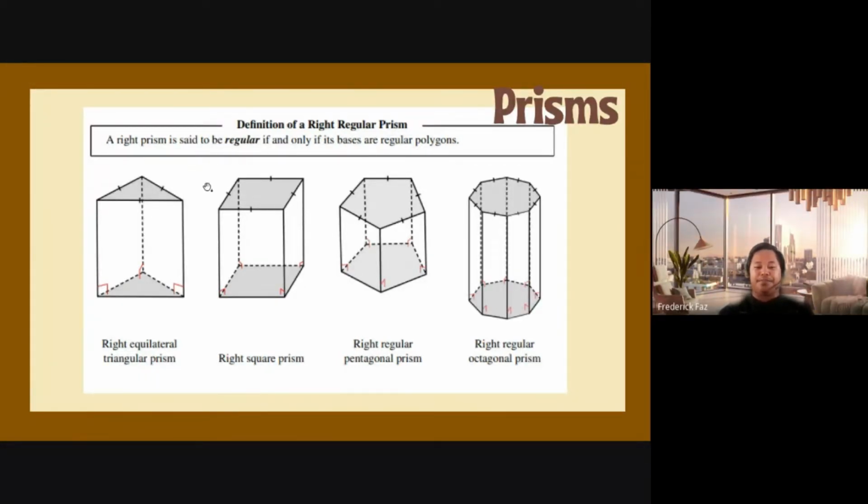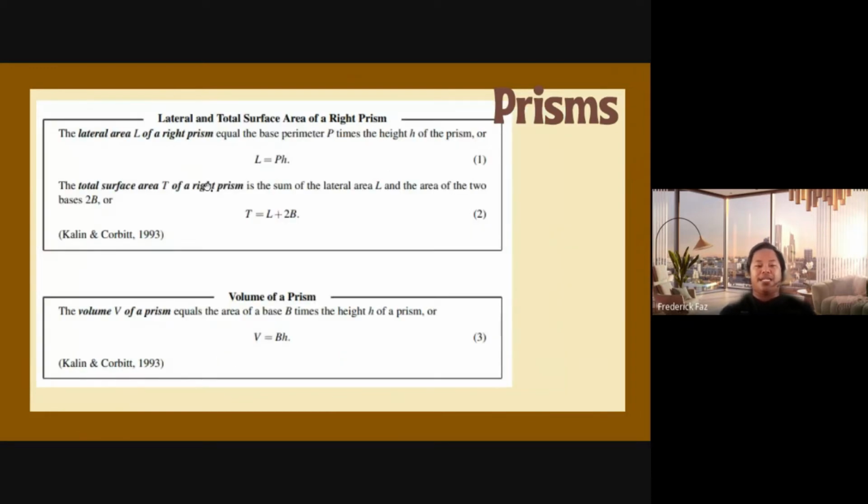So we have here the formulas for the lateral and total surface area of a right prism. Let L represent the lateral area of a right prism, which is equal to P times H, where P is the base perimeter and H is the height of the prism.